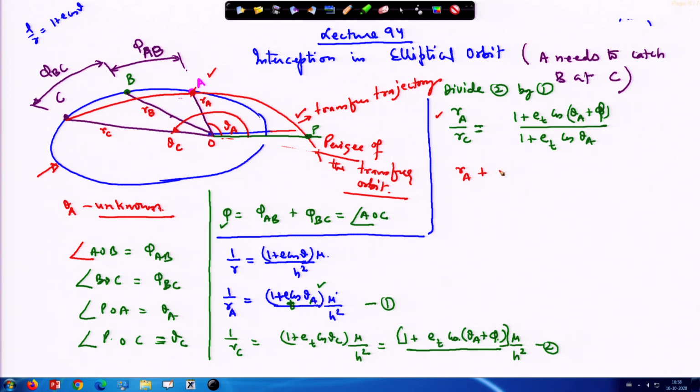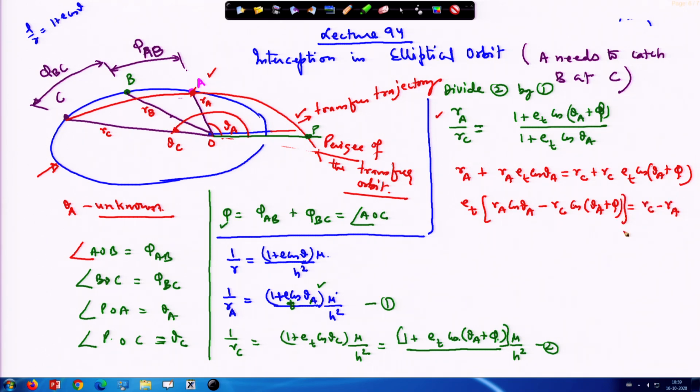So, this is R A plus R A E t cos theta a, R C E t cos theta a plus phi, and separating out E t, R A times cos theta a minus R C times cos theta a plus phi, this equal to R C minus R A, and this implies E t equal to ... theta a plus phi.